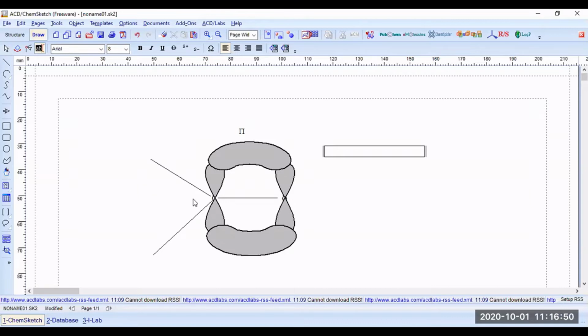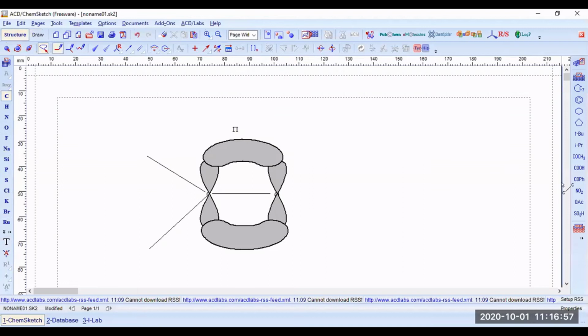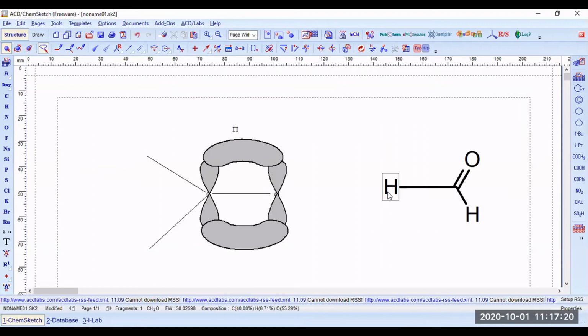And one more advantage of carbonyl compounds is that generally they can form hydrogen bonds. Even carboxylic acids and others are able to form hydrogen bonds. So how will this hydrogen bond be formed? Just let us see.